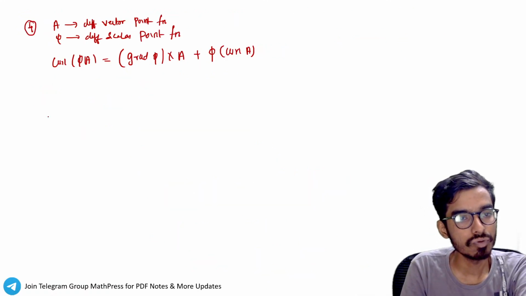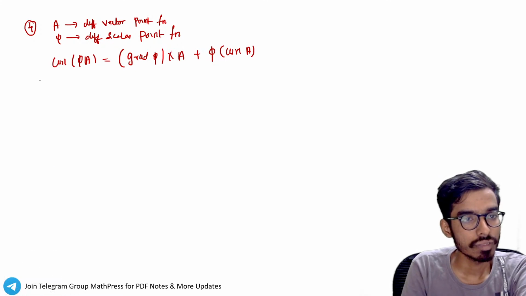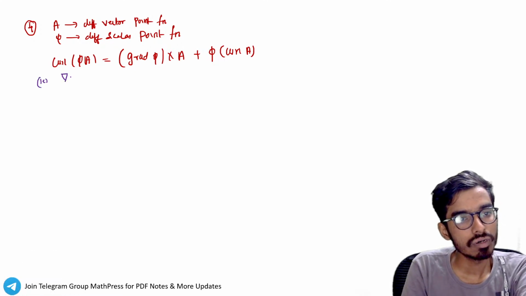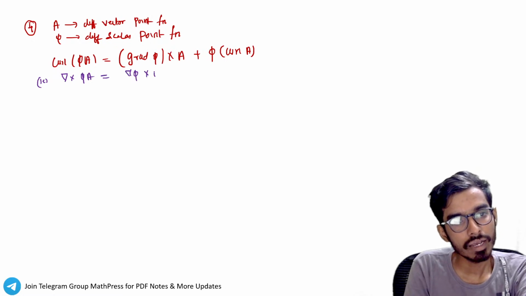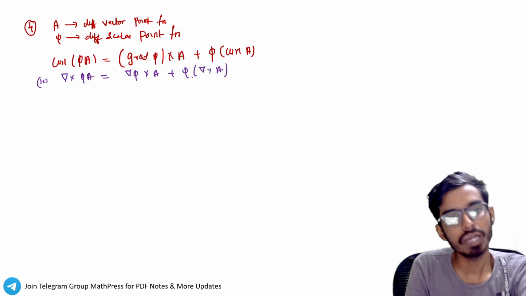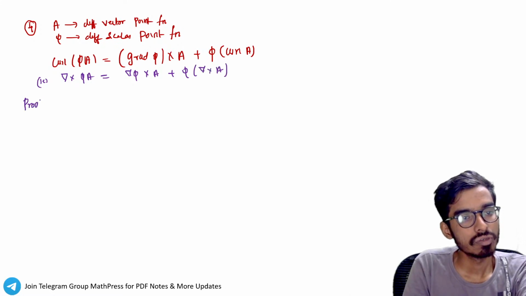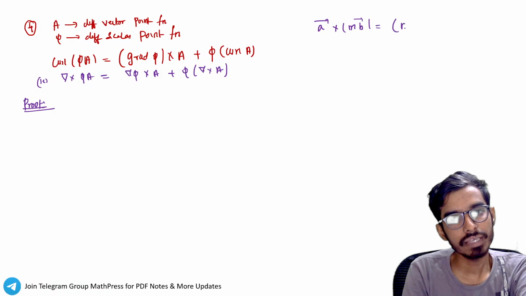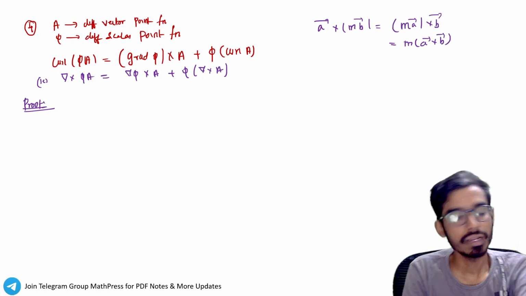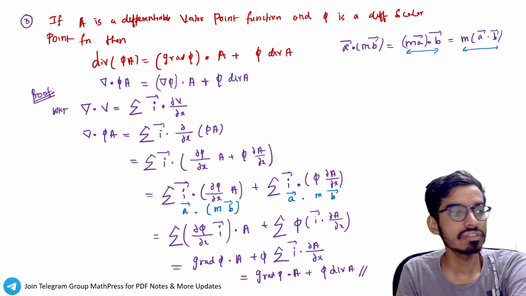That is what we need to prove: curl of phi A is grad phi cross A plus phi into curl of A. For this, I'm going to make use of A cross mB vector is the same as mA vector cross B vector, and that is the same as m into A cross B vector. For the previous one, we used this result.